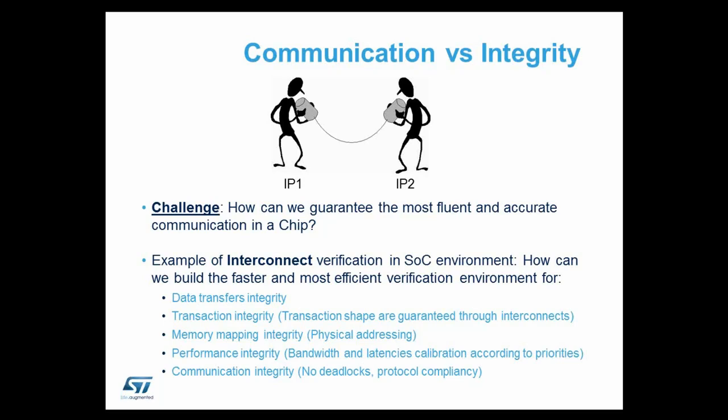We should be sure that protocols and coherency are assured, as expected. And then we have to be sure that transaction transfer is not changing the shape of the transaction. This is the basic functionality of the interconnect as an IP that should be verified as the first level of interconnect verification.